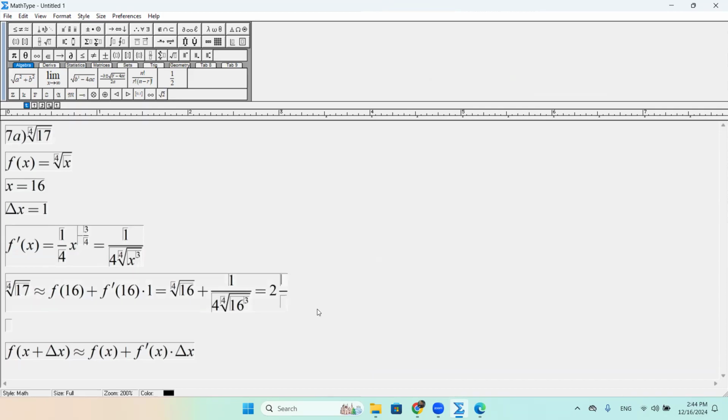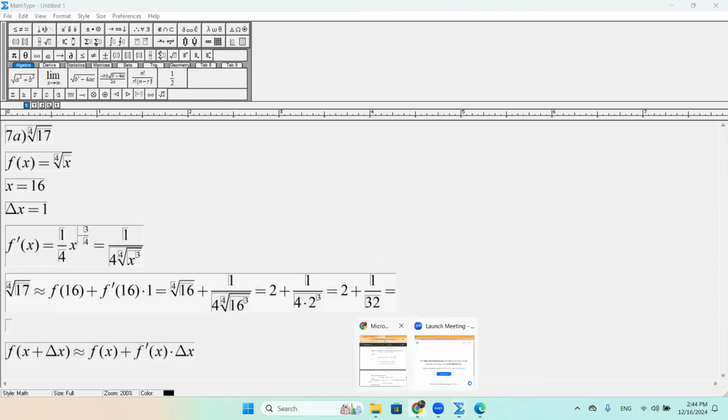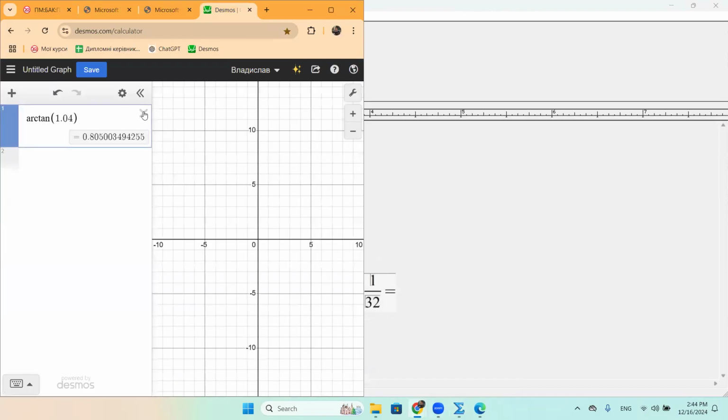And here what we have, 1 over 4 multiplied by 2 in power of 3. So what we have, 2 plus 1 over 32.